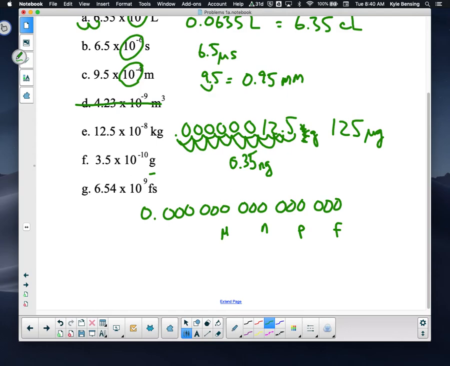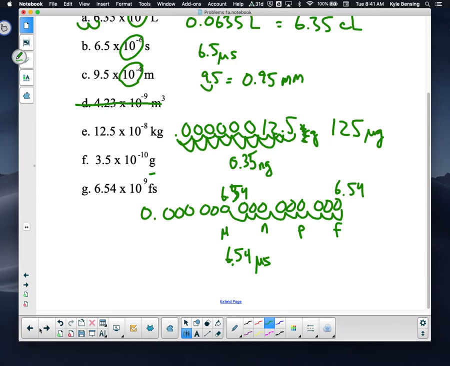So if I go femtoseconds like this, I would have 6.54, and then times 10 to the 9th means I move the decimal place 9 places to the left to make it bigger, which puts me at 6.54, and that changes to microseconds, like that. 6.54 microseconds. Excellent. That's number 24.